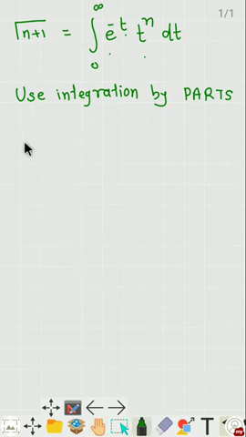So the left hand side as it is, this integration is equal to, integration by parts is here. This is our algebraic function. We take it as the first function, and the exponential function we take as the second function.